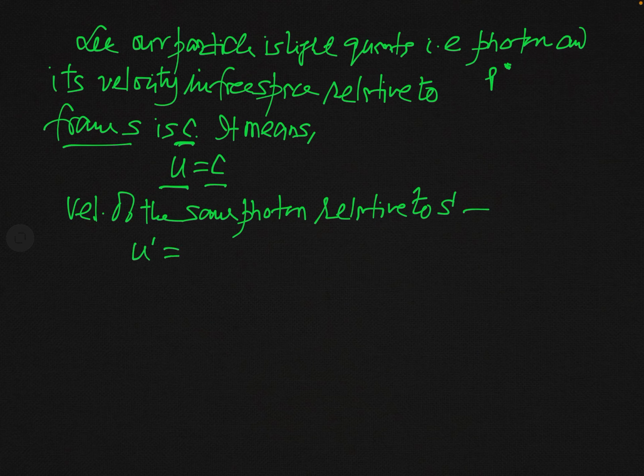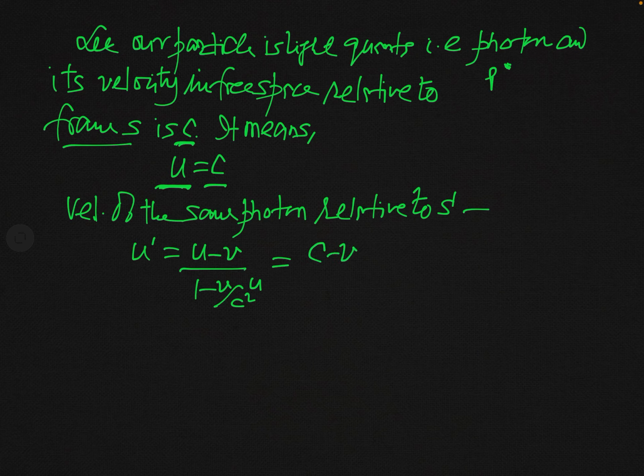You will know that if we know the velocity of a particle with respect to frame S, which is u, then we can actually find its velocity with respect to S prime by using this transformation equation. You have just studied that u prime is equal to (u minus v) over (1 minus (v over c square) into u). But see here, our assumption is that the velocity of our particle, which is now photon, u, is now equal to c. So let us replace this u by c.